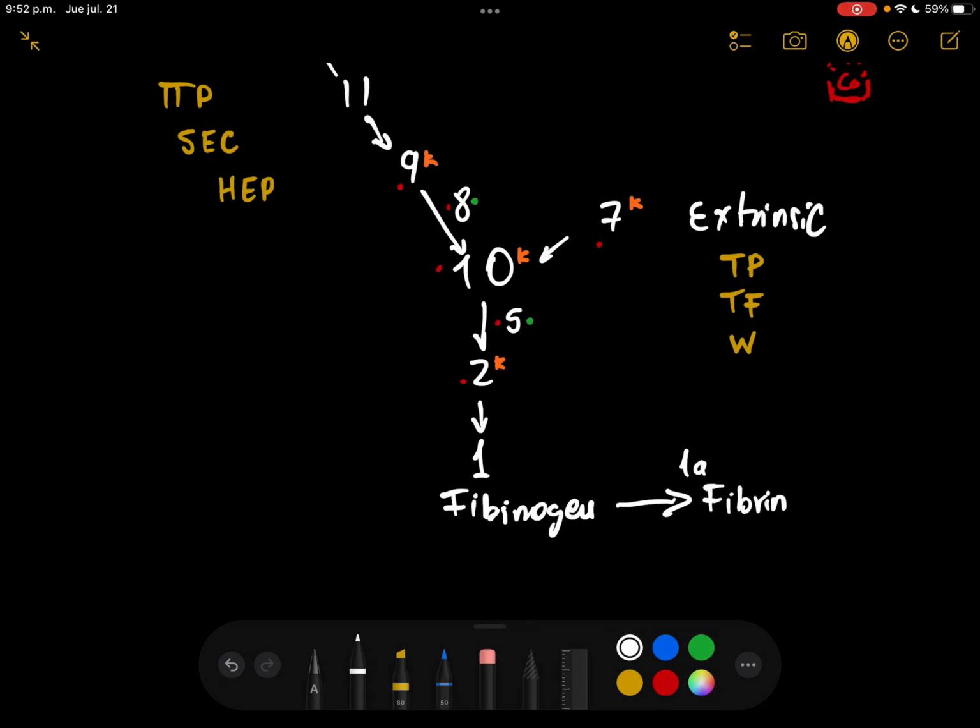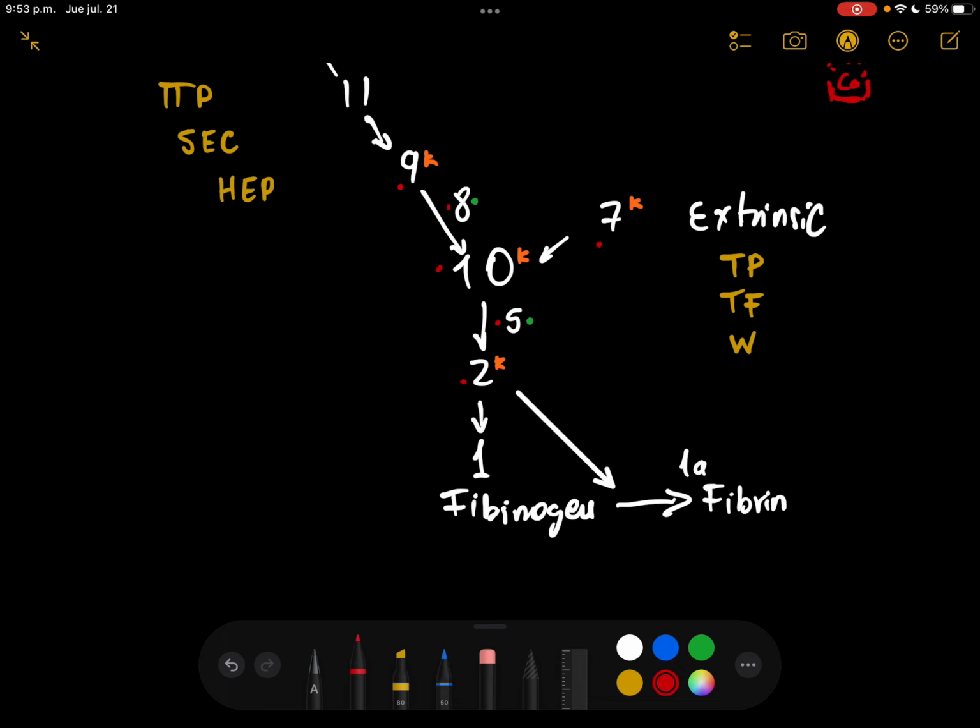Okay, and factor 2 is the factor that allows this pathway to happen. Okay, and when you form fibrin, you stabilize the clot.